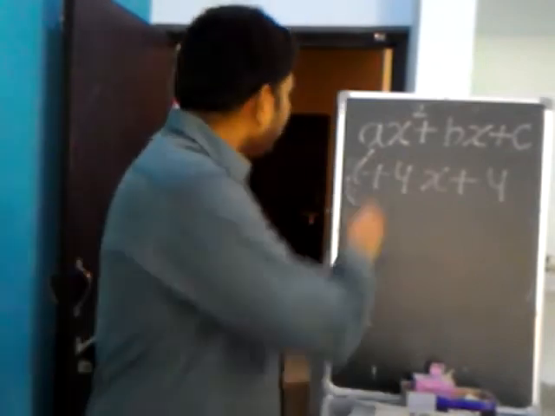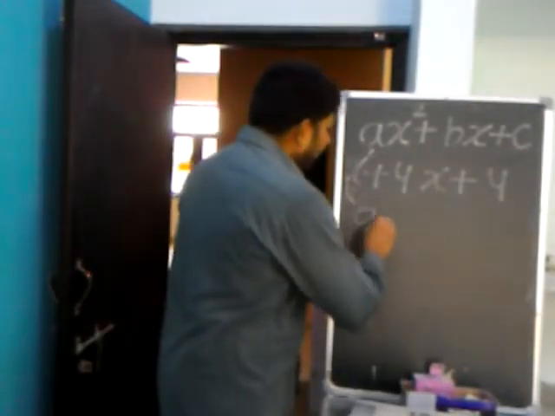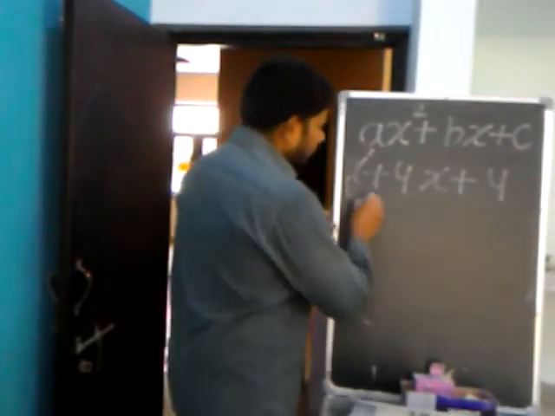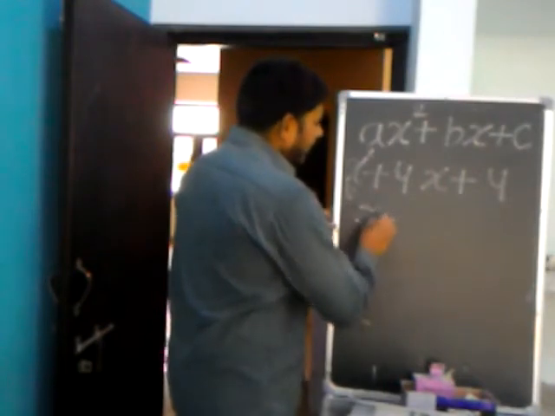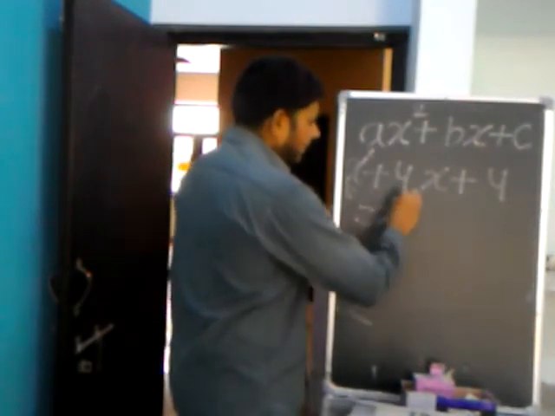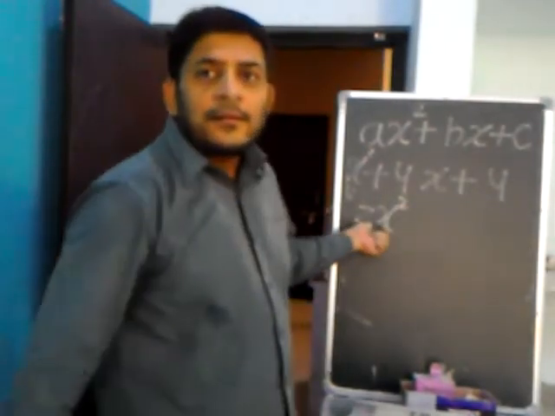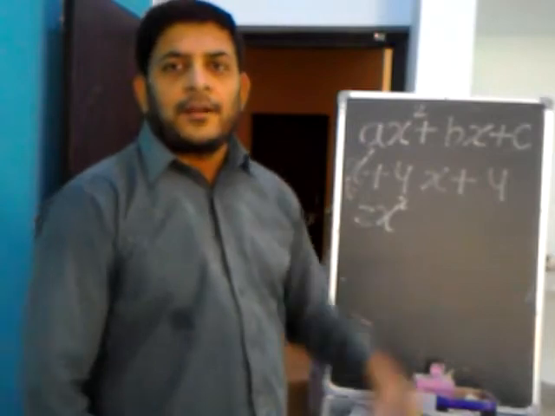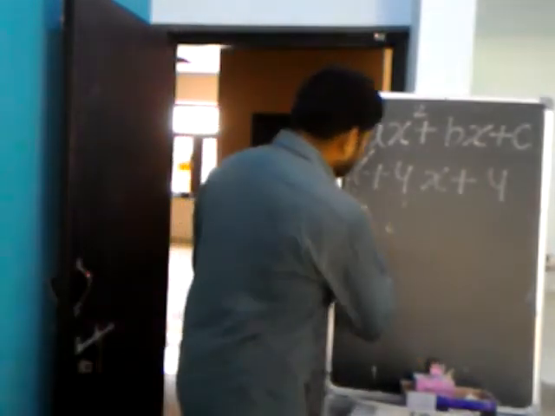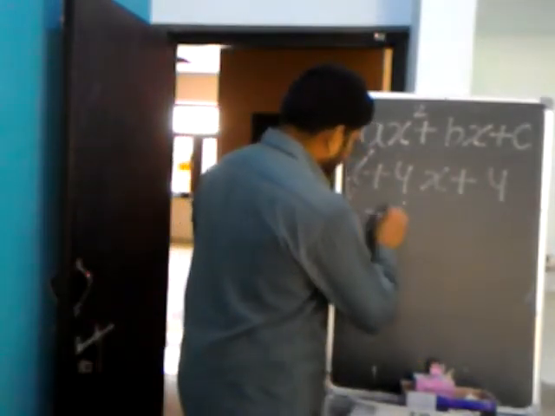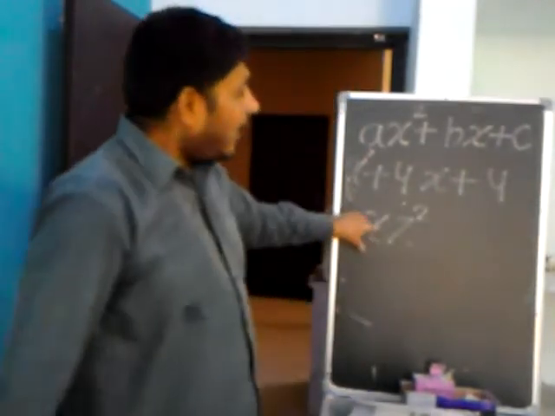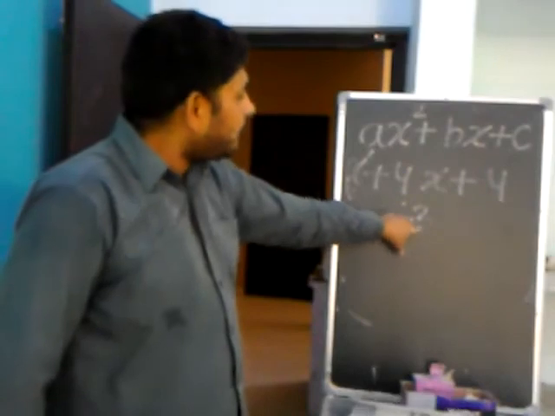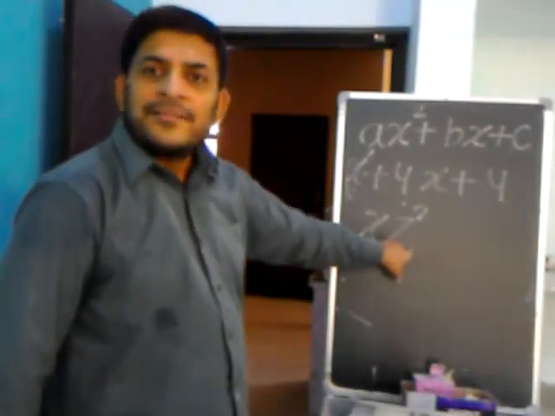For example, here we can have zx square, where z is the coefficient because it is being multiplied by x square, or x z square, where x is the coefficient because the power of 2 is on z.